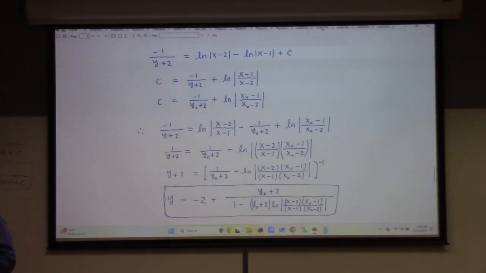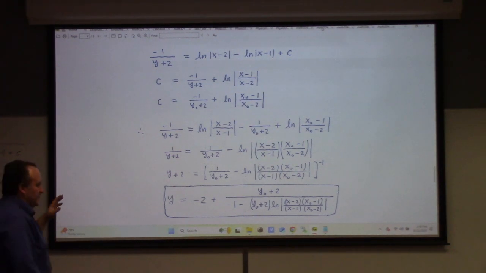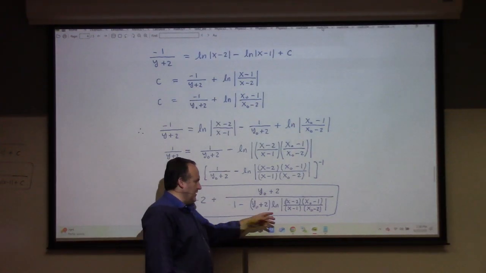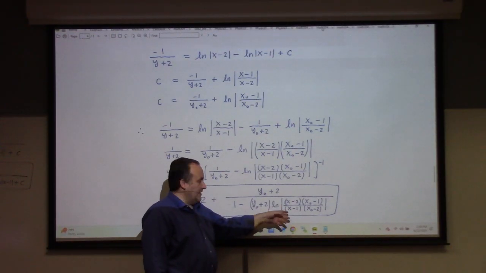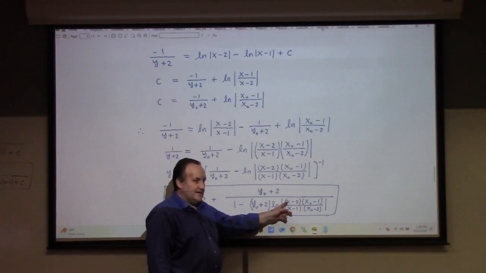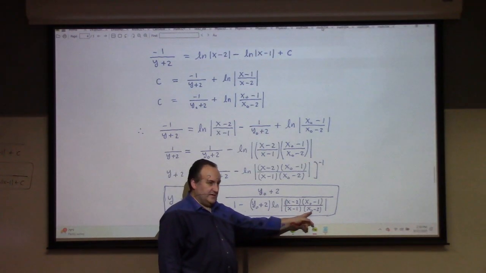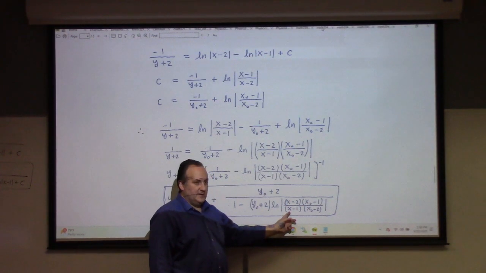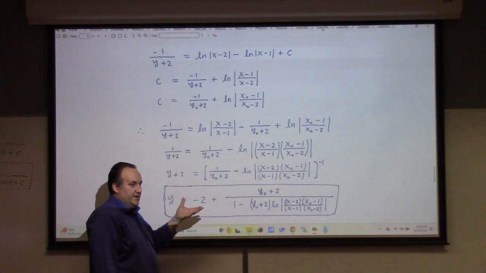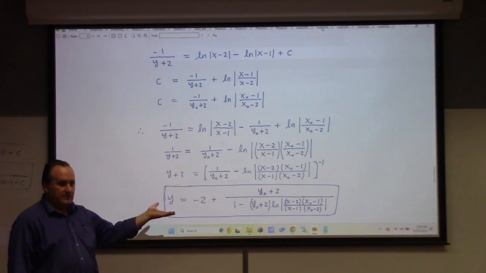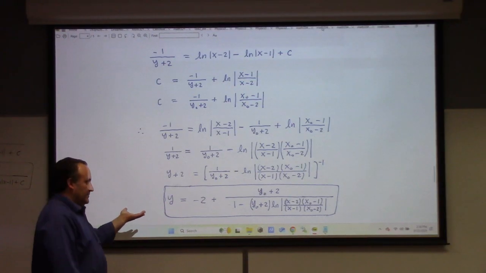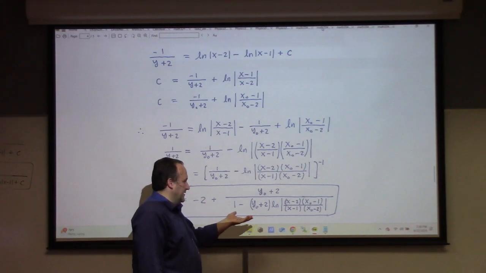And you can check that the answer makes sense, right? What happens when you put in x equal to x naught? Do you see what happens there? You get x naught minus 2, x naught minus 2, x naught minus 1, x naught minus 1. In other words, you get the natural log of 1, which is 0, right?